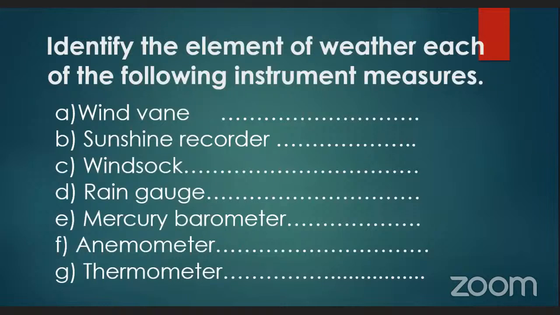And when the weather is calm, with no wind blowing, the sock falls against the post. I'm sure you can easily identify that. Because the sock is open both sides, when the weather is calm, the sock falls against the post or the pole and points to the ground.